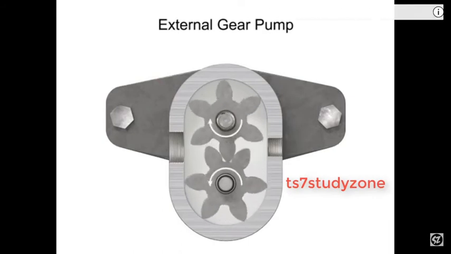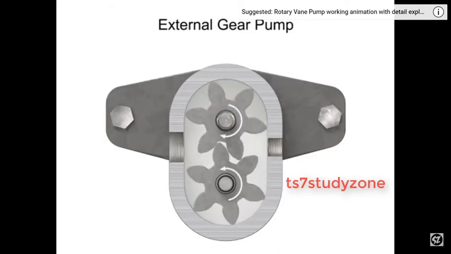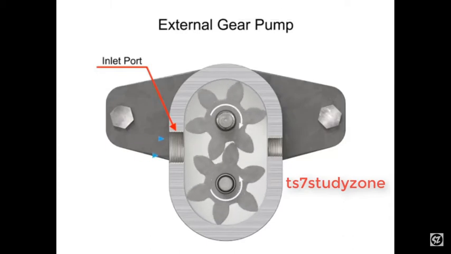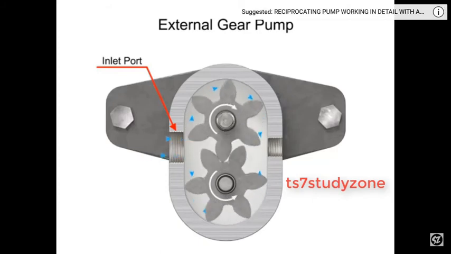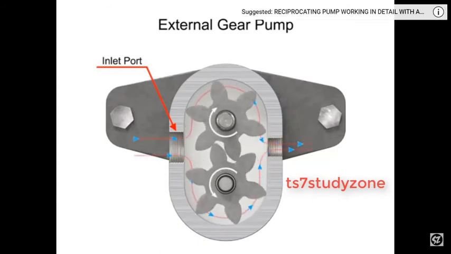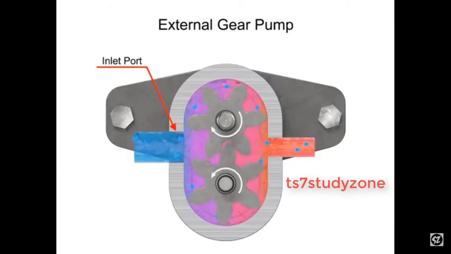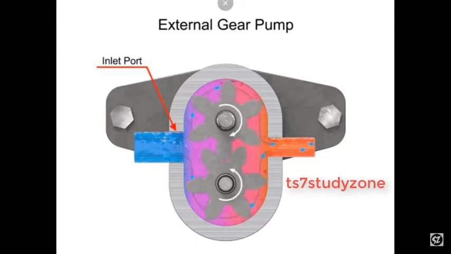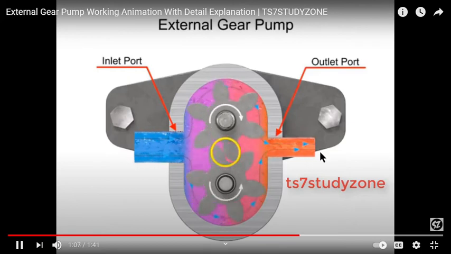Initially the oil gets trapped between the gears. A vacuum needs to be produced and oil is sucked in at atmospheric pressure, and it is pushed outside to the outlet at high pressure. This is the working of the external gear pump. You can see the outlet port, and at the outlet port the pressure is high.